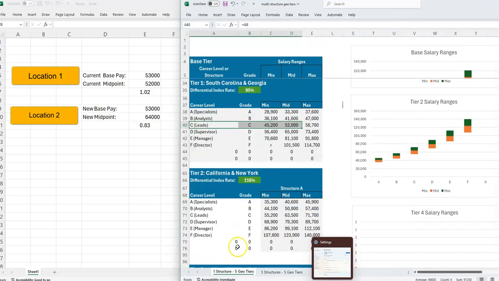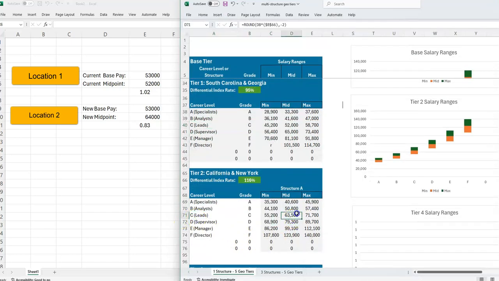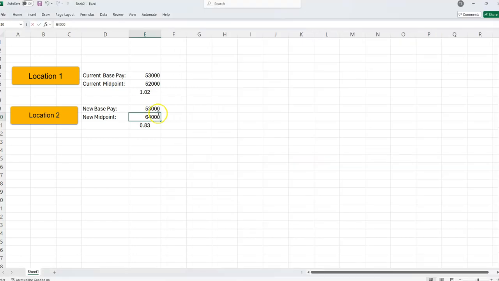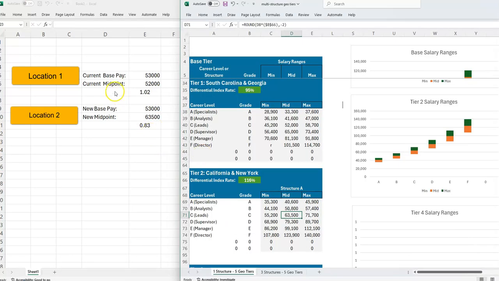He's just moving locations. And then 63.5. Okay, then he would be going from a 1.02 compa-ratio to a 0.83 compa-ratio, which is pretty low within the range. Even for this grade C, the minimum is 55. So at 53, he's dropping below the minimum.